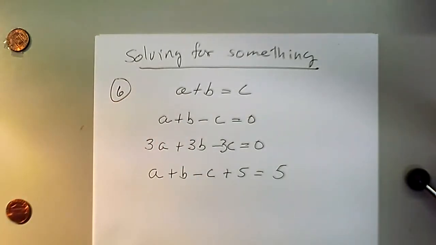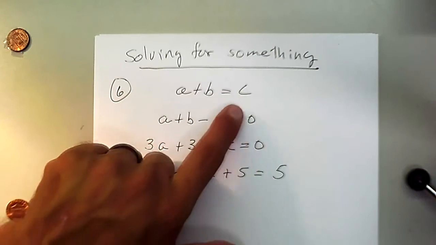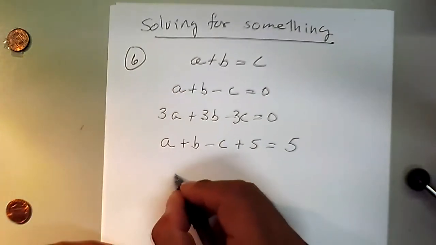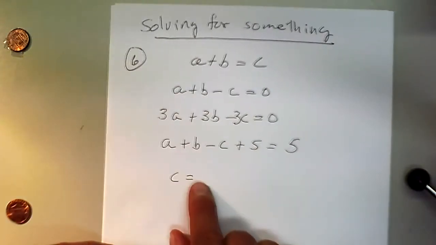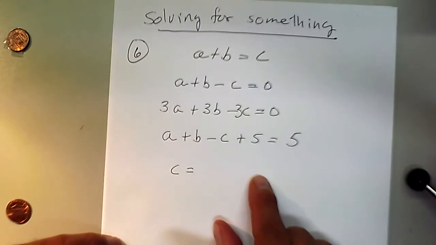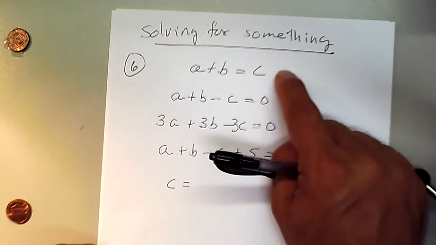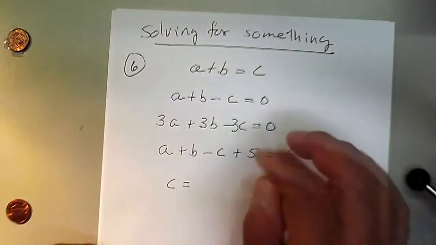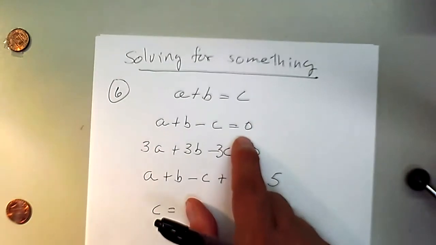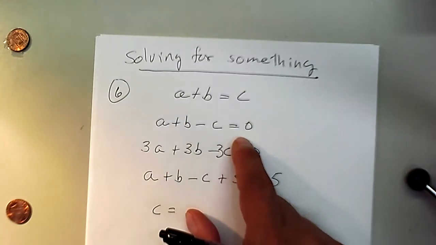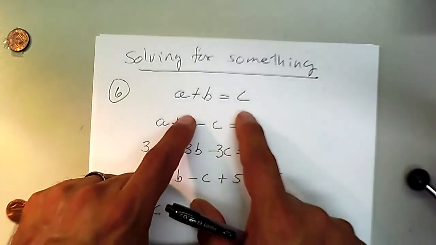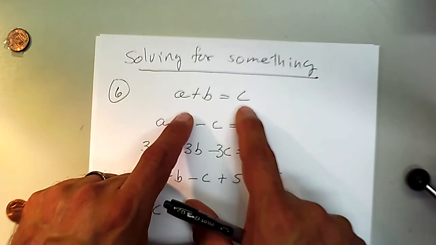Okay. Now, when you have C on the left side and no C on the right side, then we say that this equation has been solved for C. By the way, there's a property of equations, the reflexive property. No, I lied, that's not reflexive. Symmetric, sorry.